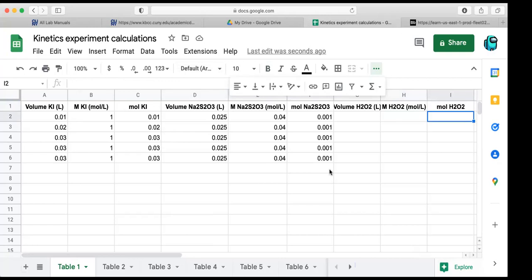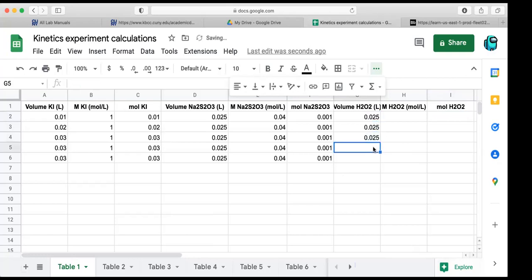So I'm looking at chart 1, and the volumes for H2O2, they vary. They're at 25. So here's what I'm going to do. Equal sign 25 over 1,000, right? So that did the calculation for me. And then it's the same for the first 3 experiments.